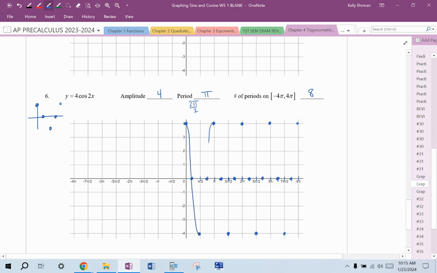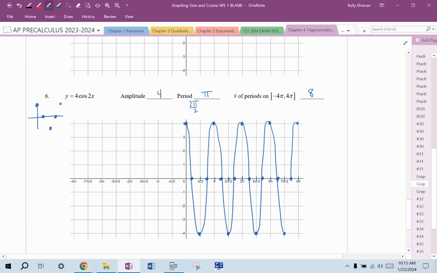These are very hard to sketch and not make them look really ugly. I'm going a bit wide, I think, when I'm sketching these. I'm trying to give smooth curves, rounded, trying to get through my points. It doesn't have to be perfect, but just try not to make it super sloppy.